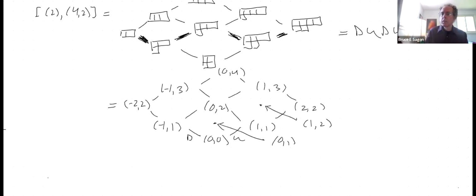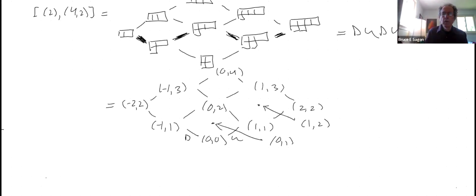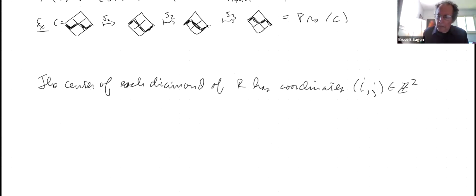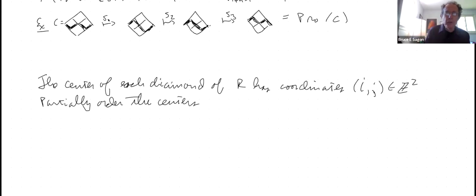Okay, so what else did I want to say here? Yes. So partially order these centers, in exactly the same way as you normally do.